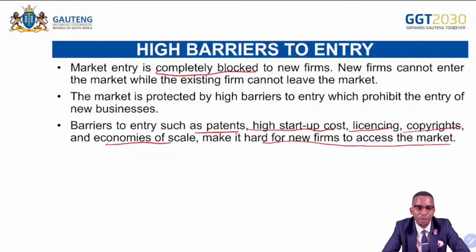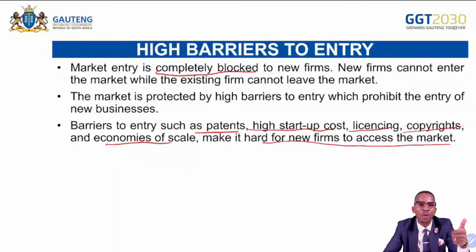It becomes too difficult for other firms willing to enter because patents block the entry of those businesses through legislation or rules and regulations. Copyright and licensing ensure that firms cannot enter the market to produce that particular product, so it will be produced by only one firm in that market.